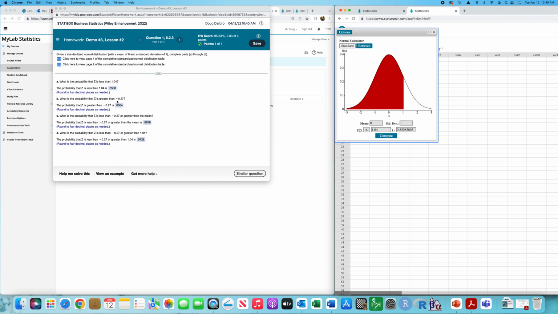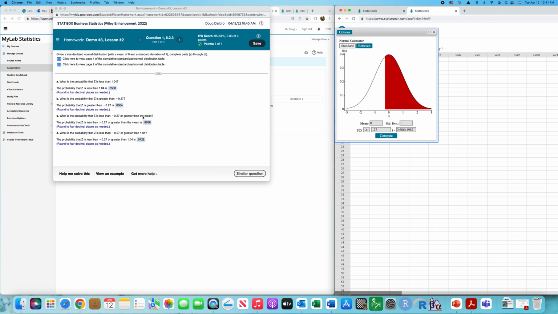What's the probability that z is greater than negative 0.27? Well, 0.6064.